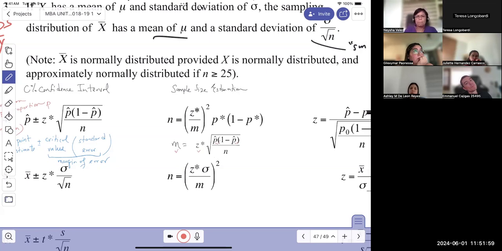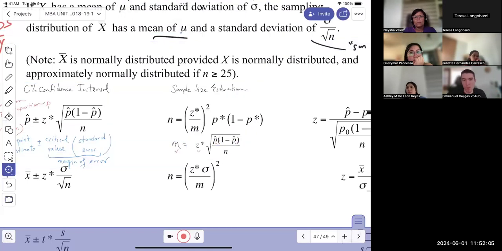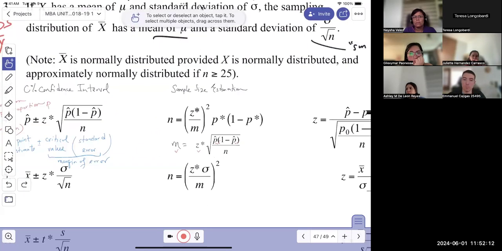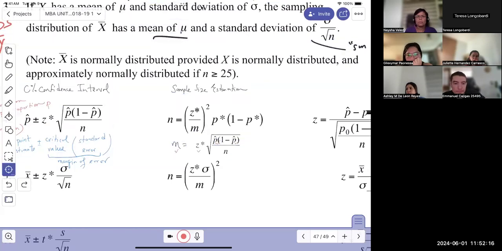Can you do that, algebra? Oh dear. This is not behaving the way I want. All right, so all I'm going to say to you is solve this for n. Okay.